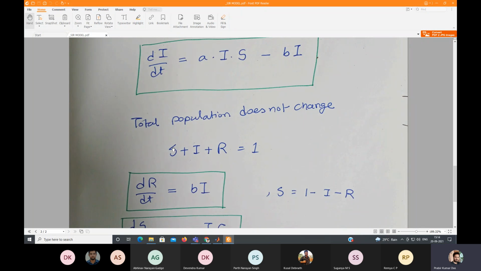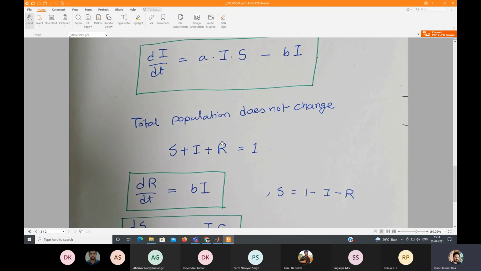Among them, S is the number of susceptible population. Susceptible means those people who have chances of getting the infection. Among these susceptible people, some may get infected. This number we will denote as I.